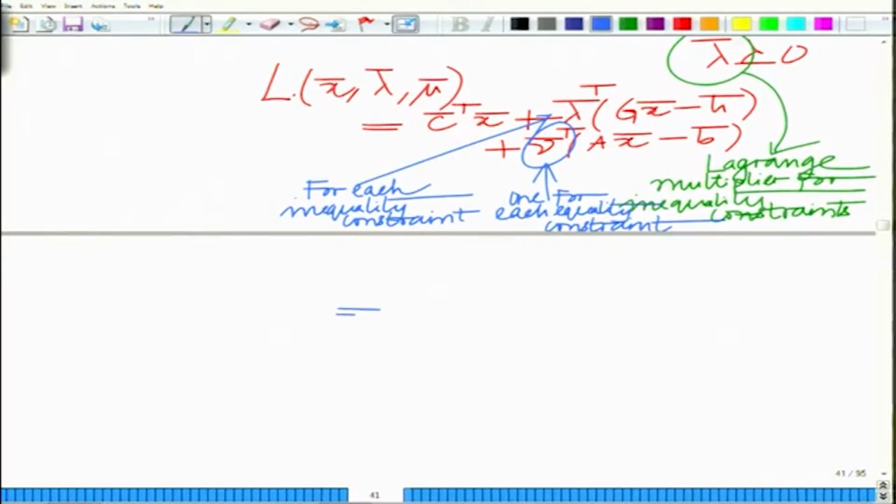And now I can simply rewrite this. Take the transpose of the whole thing because it is a scalar quantity.